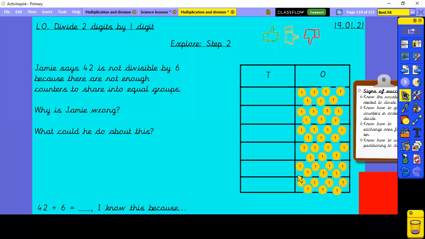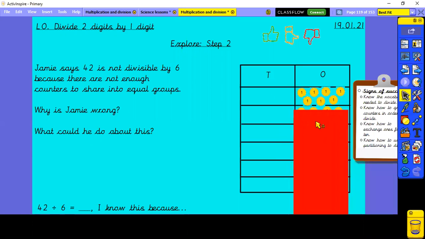Okay, so here I've exchanged my 4 10s and my 2 1s for 42 1s. And then what I've done is divided them into equal groups between these 6 rows. So I've got 6 equal groups. And now let's see how many 1s are in one row to find our answer. So we've got 1, 2, 3, 4, 5, 6, 7.